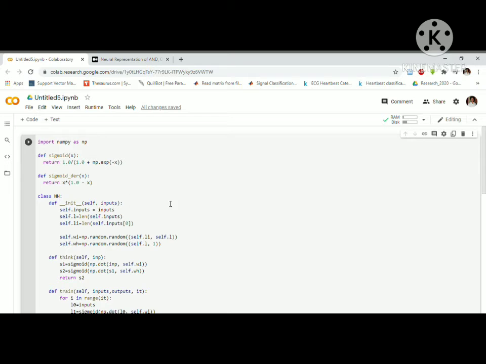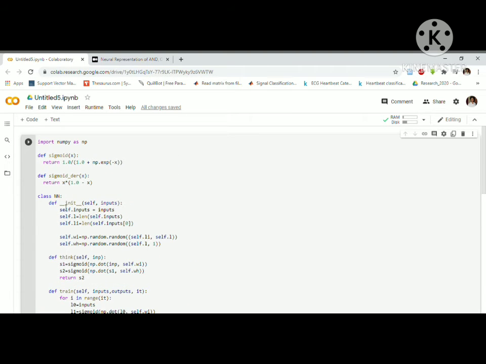We will discuss the code here. First we have defined the sigmoid function, which is 1 divided by 1 plus e to the power minus x, and we have defined the derivative of the sigmoid function.